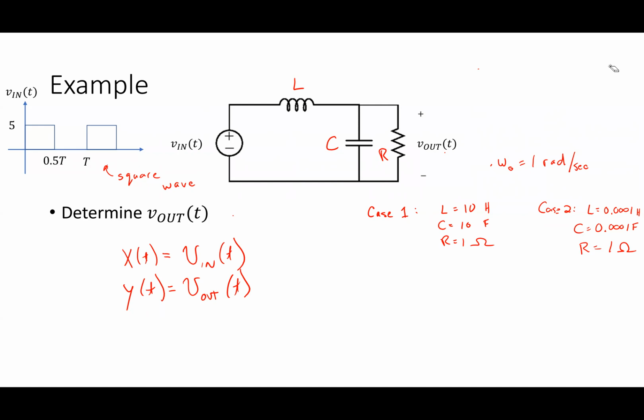I can compute the Fourier transform of this and apply the transfer function concept at each of the individual harmonics, basically computing the phasor of each individual harmonic in that square wave.